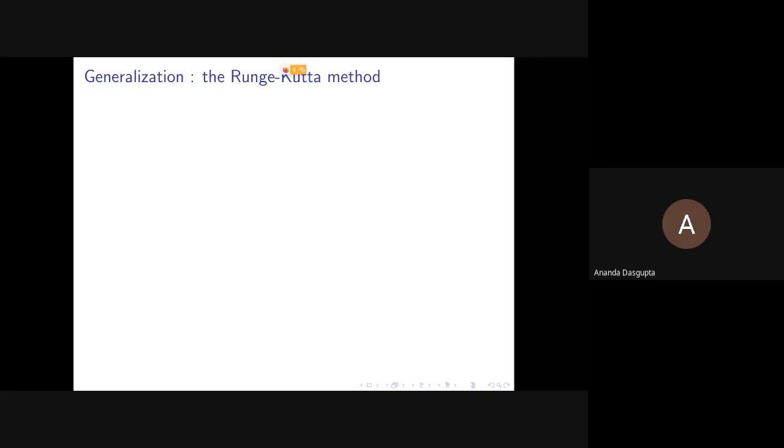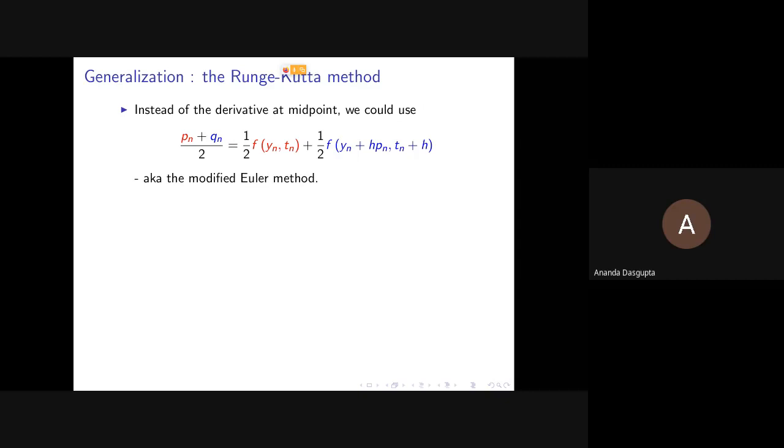Right now, we are talking about the Runge-Kutta second order method, which only gets the Taylor series correct up to order h square. The midpoint Euler happens to be an example of the Runge-Kutta second order method, but there are other possibilities. One possibility is, instead of using the value at the beginning or the value at the middle, you could use the average of the values at the beginning and the end.